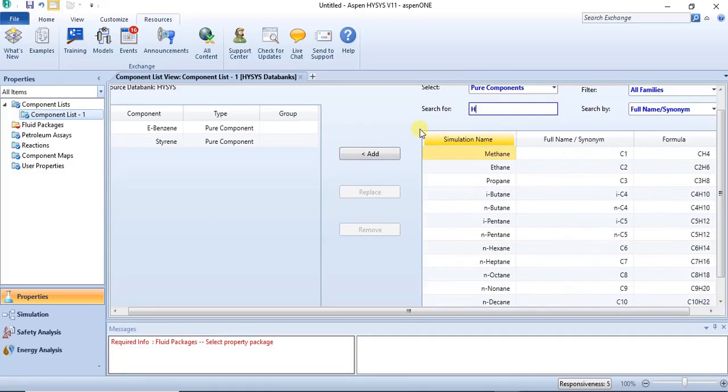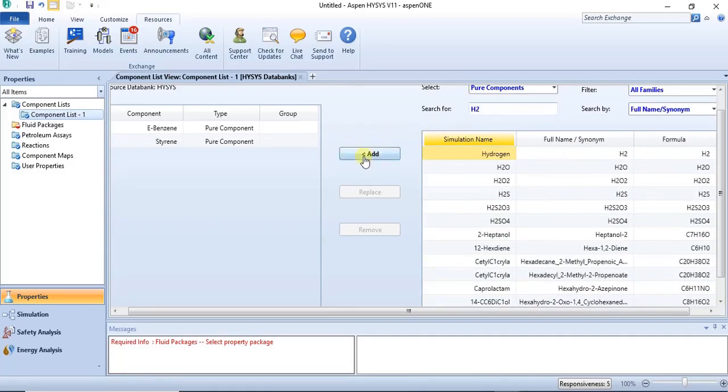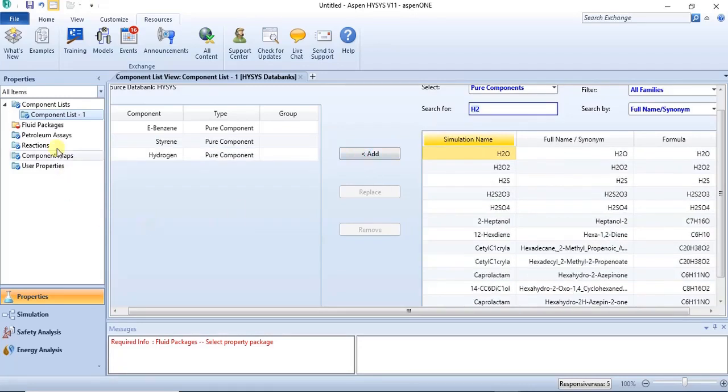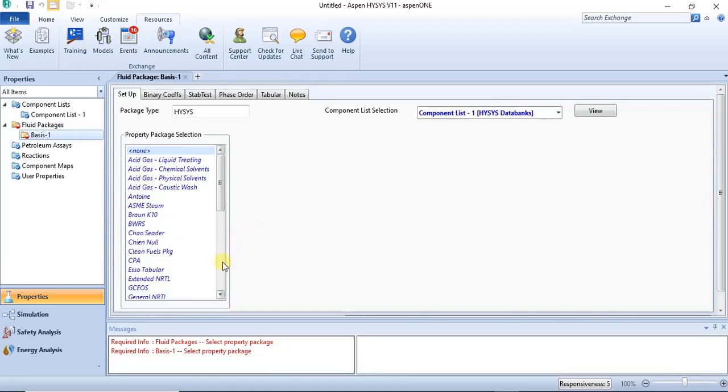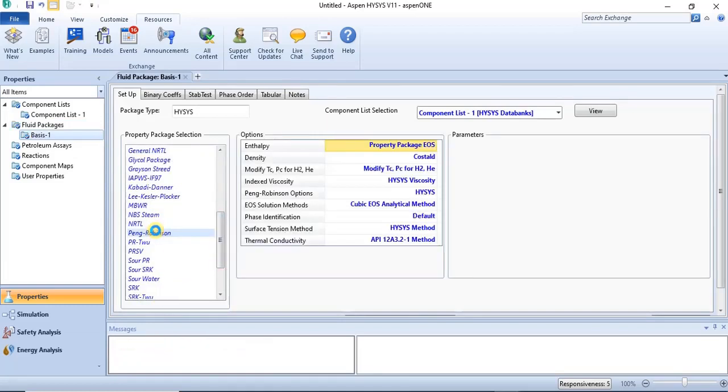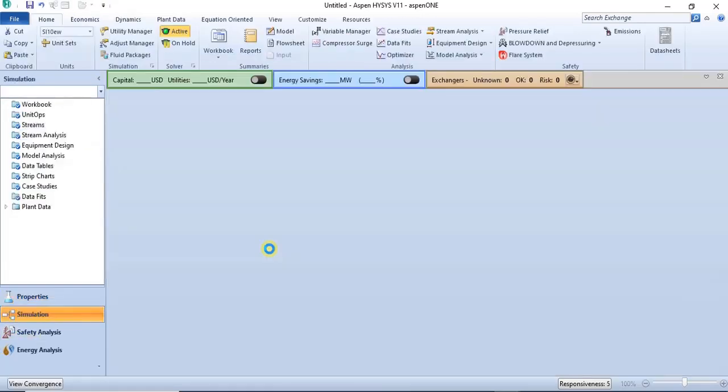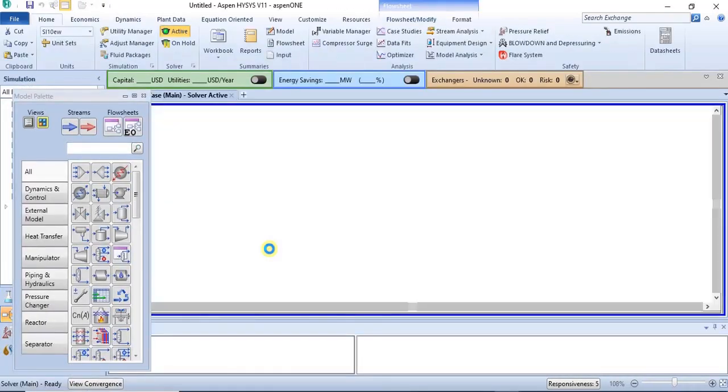H2. So these are the components we are working with. For fluid package, let's just make use of Peng-Robinson for this illustration. So we'll use Peng-Robinson, then we can go into the simulation environment, right?